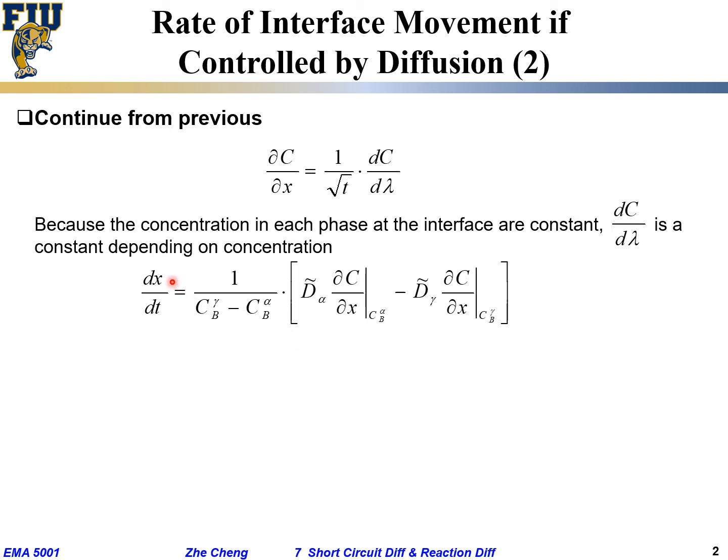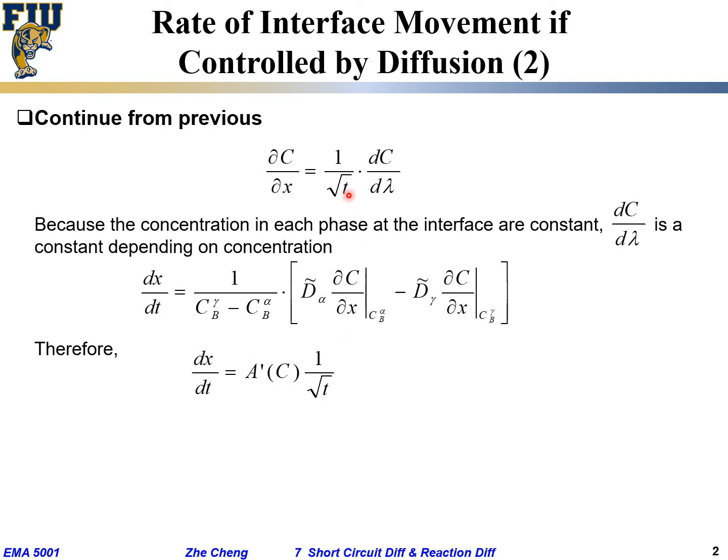How fast does the interface move? dx over dt is 1 over the difference in concentration times this term. And because we said the concentration gradient with respect to x is constant times dc over d lambda, and if dc over d lambda is also the same, we would have the velocity of the interface movement proportional to square root of t.